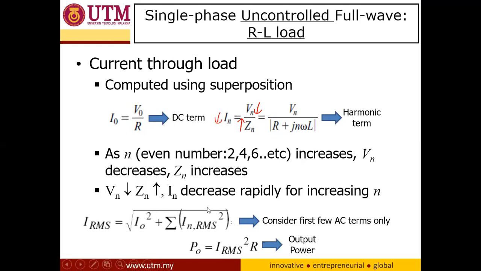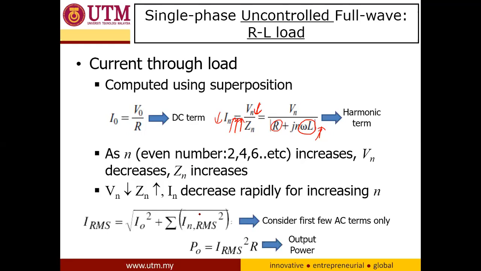So if you use omega L which is very high compared to this resistor, Zn will increase much more than the decrease of the Vn.